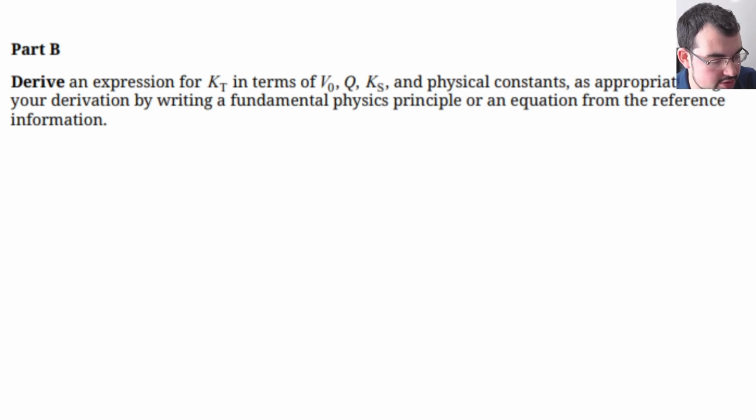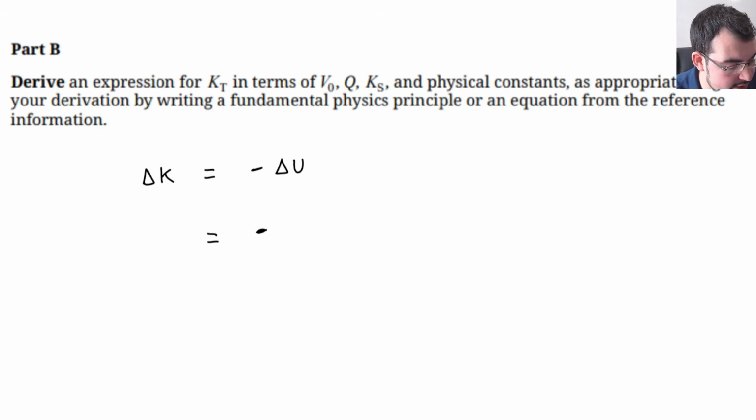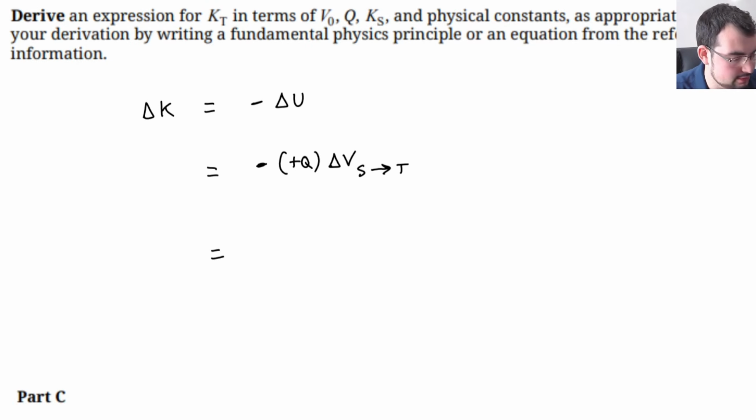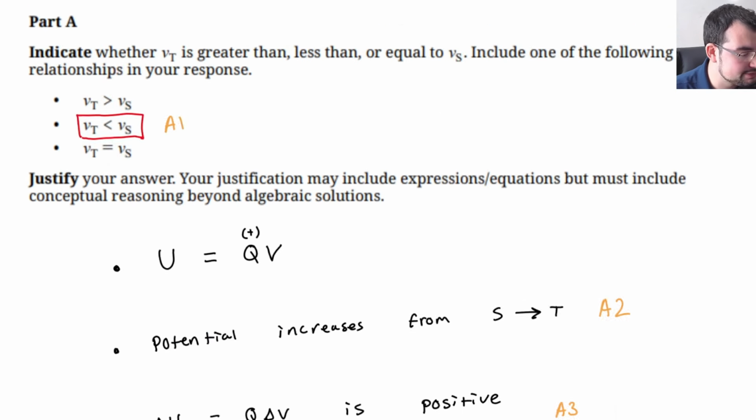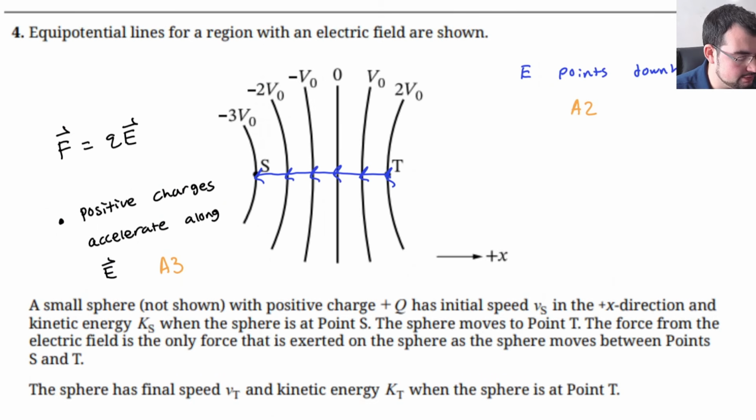Well, our second solution makes this really easy because delta K is negative of delta U, which is equal to negative of Q times delta V as we go from S to T. So from S to T, the potential at T is positive 2V0.